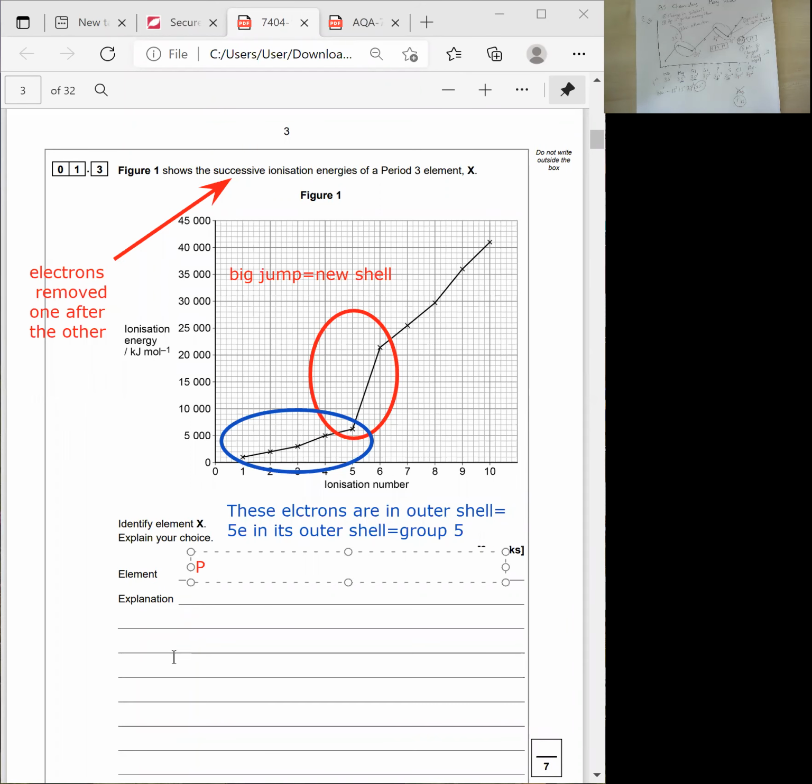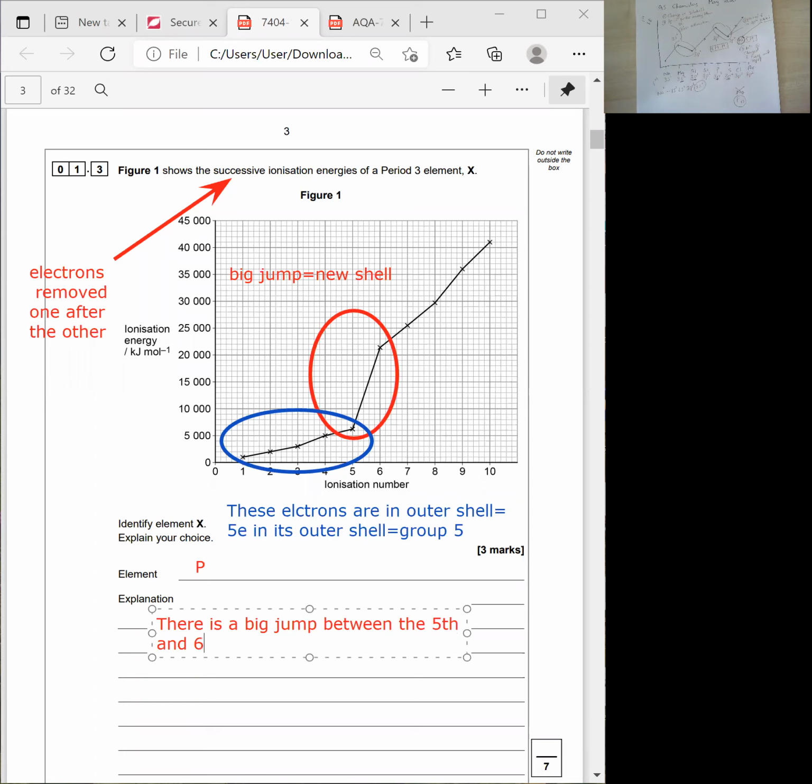And your explanation is there is a big jump between the 5th and 6th successive ionization energies.